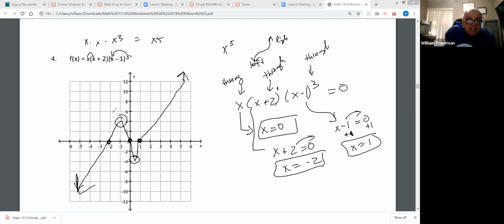To find out how high it goes between 0 and -2, at -1, you plug -1 in here. -1 minus 1 is -2. -2 to the third power is -8. -1 plus 2 is 1. And then we multiply this by -1.